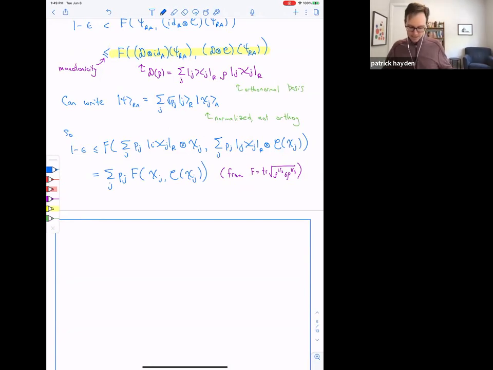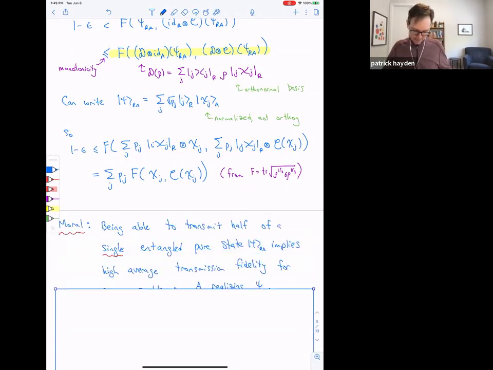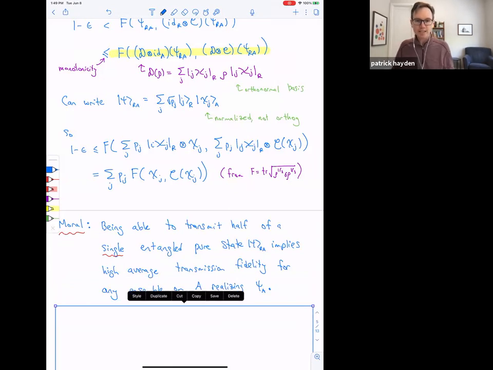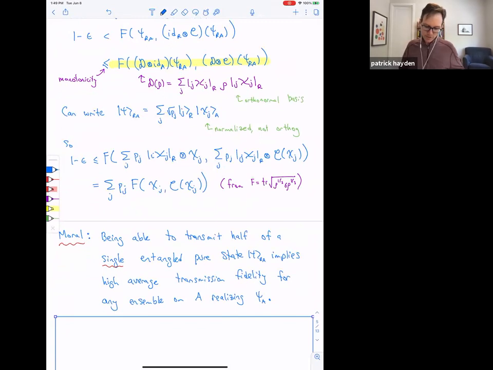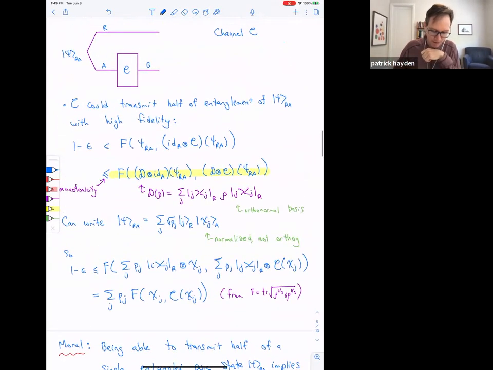And so verifying that you're able to send a single entangled state tells you that you can send a whole family of pure states through the channel, and on average, how should we say? I'll say this precisely since it's a bit of a mouthful.